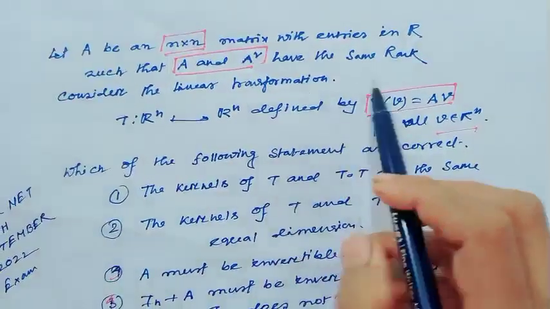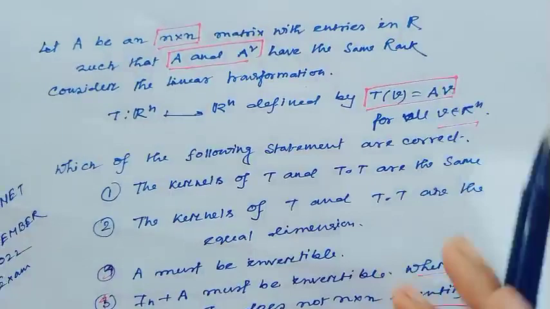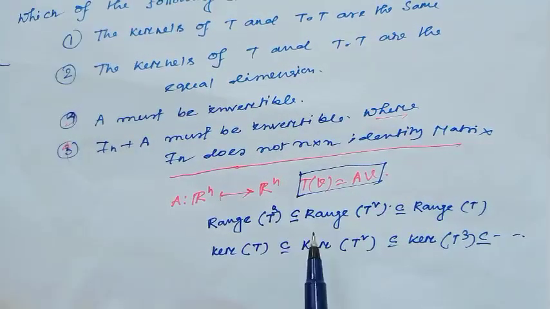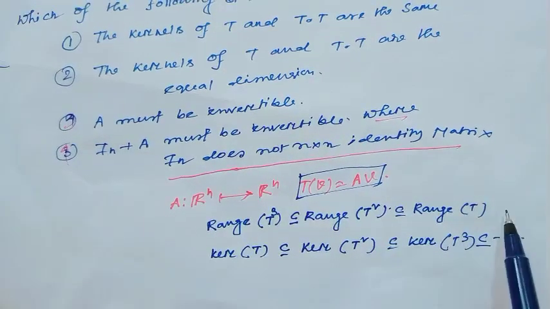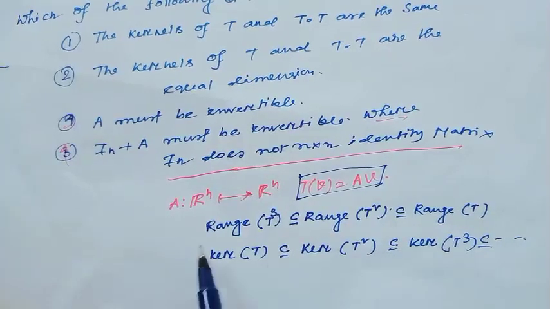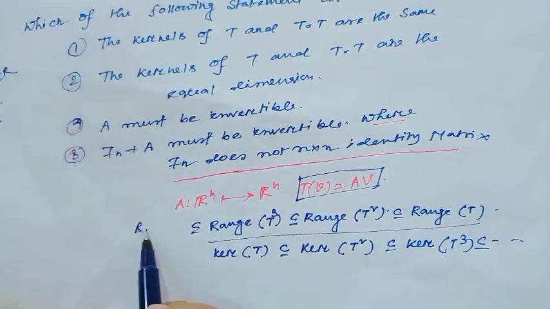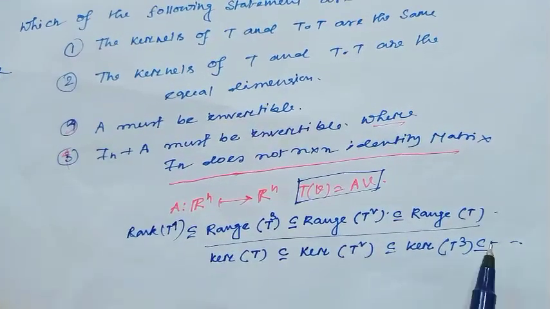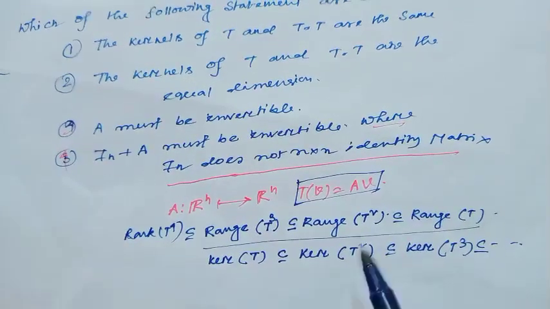Since A and A square have the same rank, obviously the range of T cube is contained in the range of T square, and the range of T square is contained in the range of T cube. We all know this property. Similarly, the range of T to the power 4 is contained in the range of T cube. We all know this property.